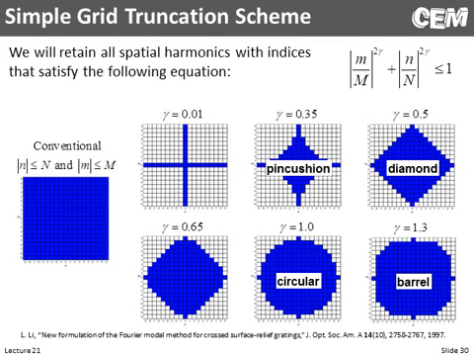So one thing you could do is solve a problem first with a whole bunch of spatial harmonics on this rectangular grid, and plot the power in each of those, and see where that power is, and that might help you choose whether you go with pincushion or barrel. And now if you're only changing things slightly in the unit cell, maybe you're running an optimization on it, you can run that a bit quicker now because you have fewer harmonics, smaller matrices, and a faster code.